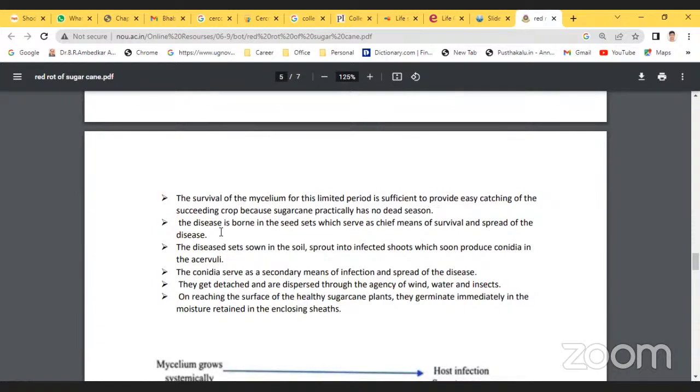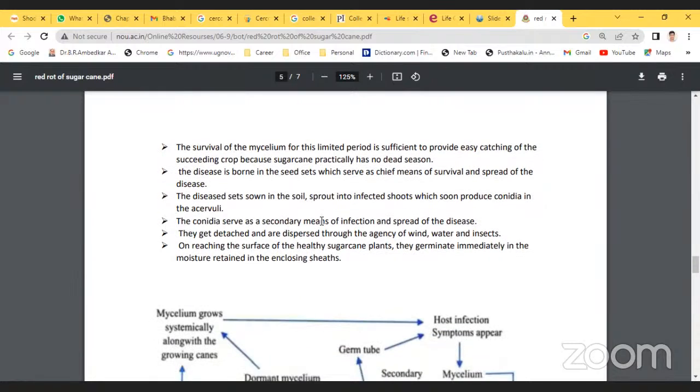The disease is borne on the seed sets, which serve as the chief means of survival and spread of the disease. The diseased sets sown in the soil sprout into infected shoots, which soon produce conidia and acervuli. The conidia serve as a secondary means of infection and spread of the disease.